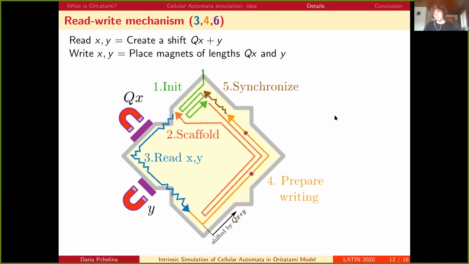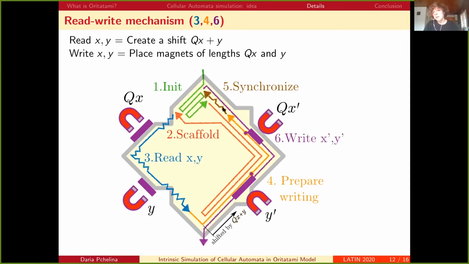Then the synchronization module absorbs the shifts because the writing part should happen at a very precise point of the transcript, independent of the input X and Y. And finally, during writing, we use the markers we placed during the orange module to put our proper magnets and transmit the output.